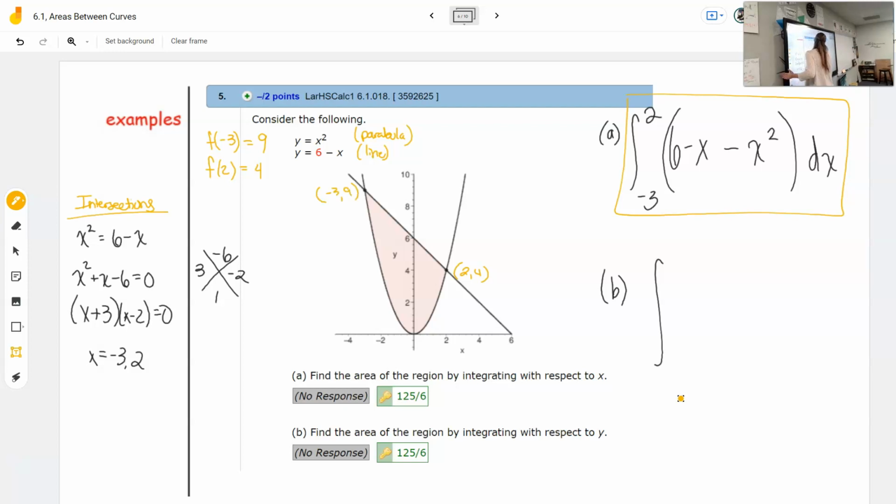But if you guys notice if I was to slice this, I have the line on the right and the sideways parabola on the left, but over here I would have from parabola to parabola, and this is where it would get dicey because in terms of y I would have the positive square root of y to the right and the negative square root of y to the left if I solve for x.